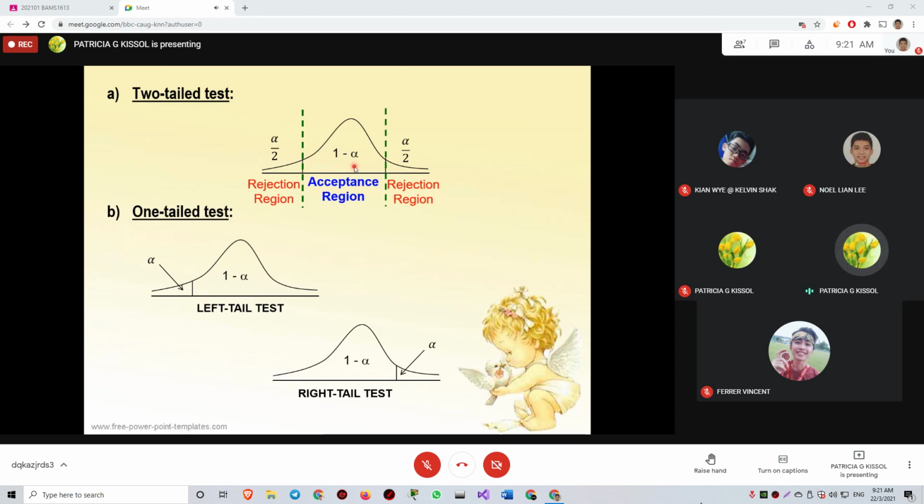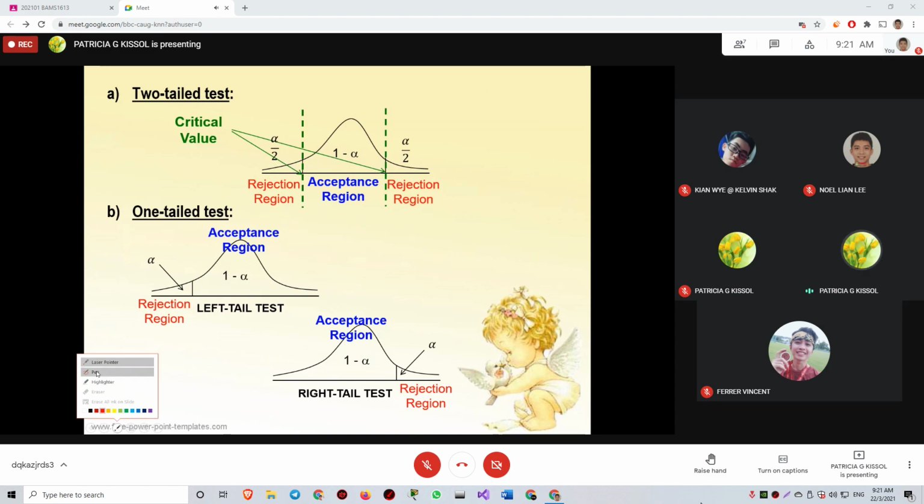That means we do not reject the null hypothesis. The focus is the null hypothesis. If one tail, that is the acceptance region, and that area is the rejection region. So if your value falls on this area, then we reject the null hypothesis. If it falls on this area, we do not reject the null hypothesis. Is that clear, class?